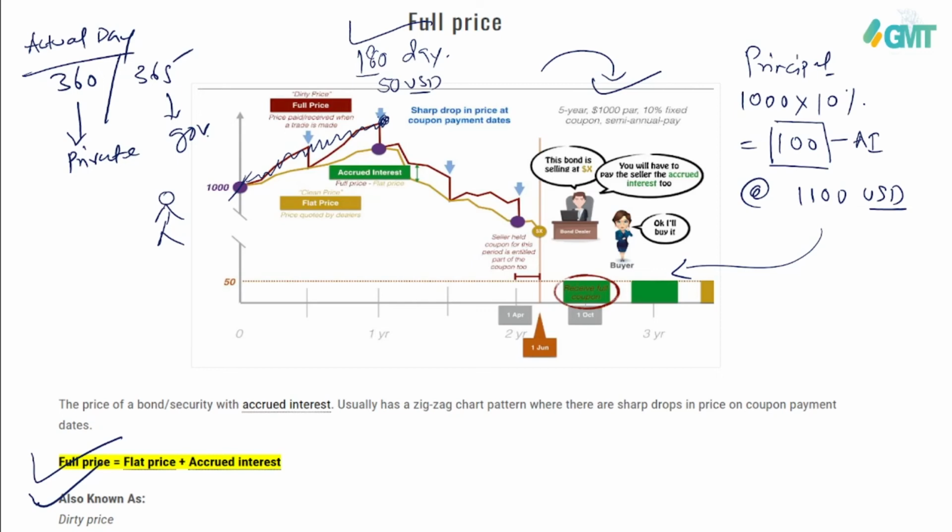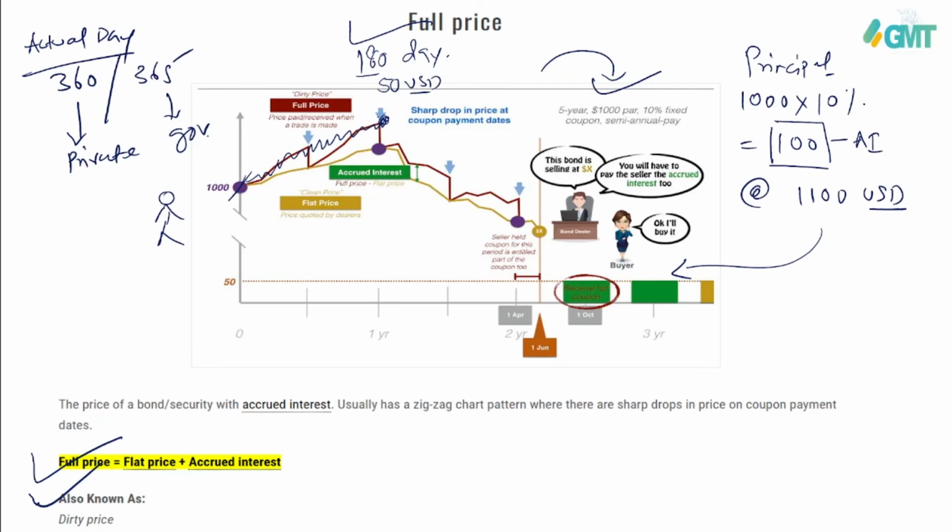On that date only the issuer will make the payment to you. But if you want to sell your bond to someone, then think practically, guys. Don't you expect this interest payment from your investment? You will expect it, right?